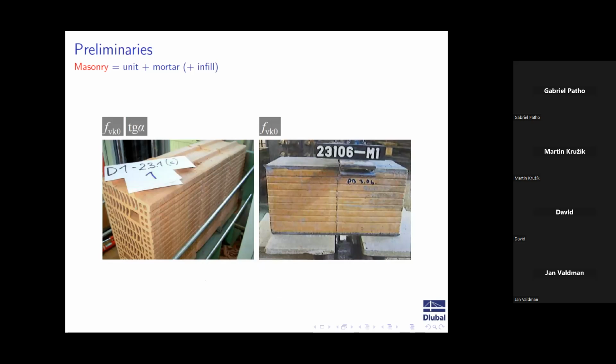And then this tangent alpha is basically some kind of a Coulomb friction coefficient in this case. And these are then all written into the papers of the masonry when an engineer gets the product values into their hands.